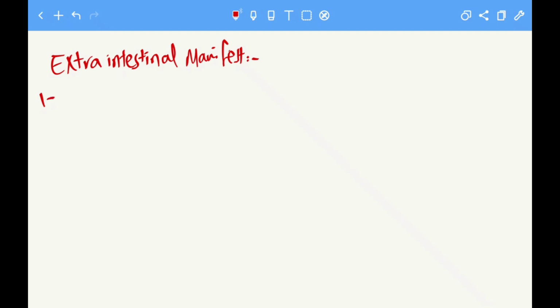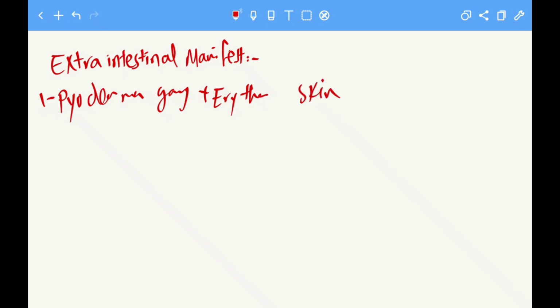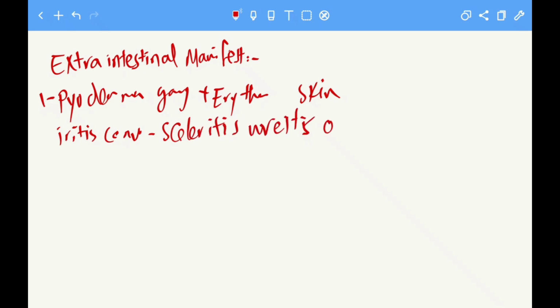Pyoderma gangrenosum and erythema nodosum occur in the skin. Iritis, conjunctivitis, scleritis, and uveitis occur in the eyes.